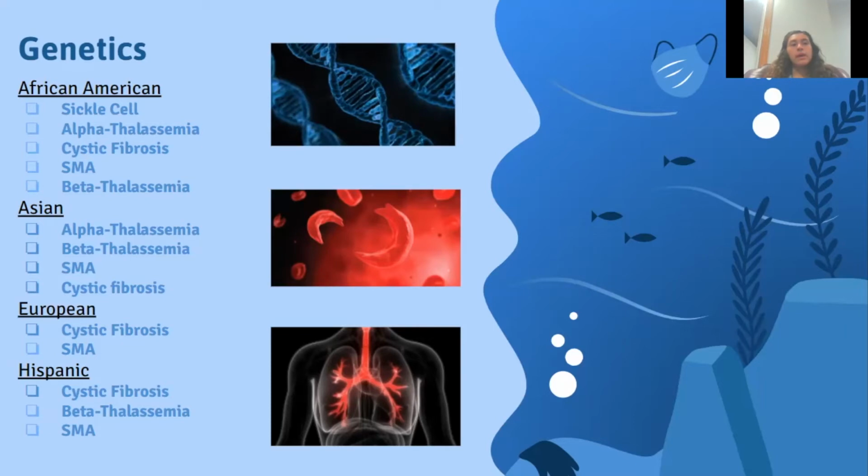And we can see how in the African-American community, they're affected by more genetic diseases. So the probability of them getting a genetic disease increases, since there's a longer list of genetic diseases that they are affected by.